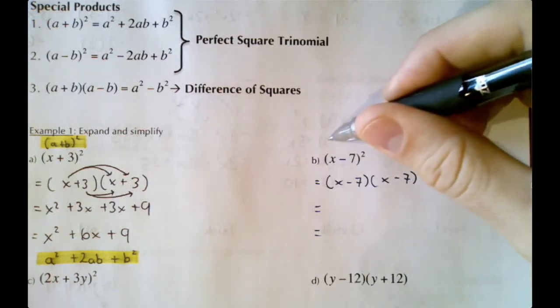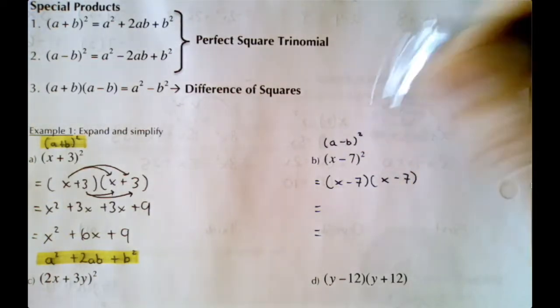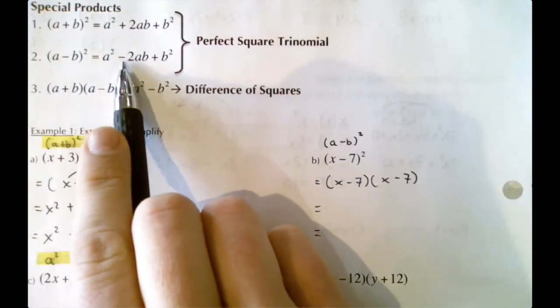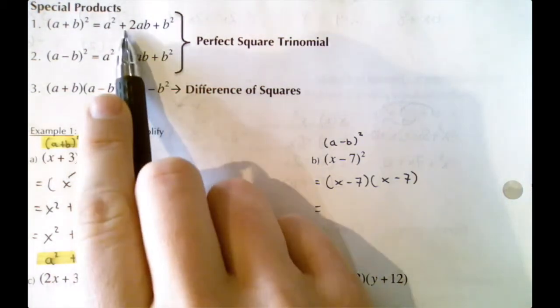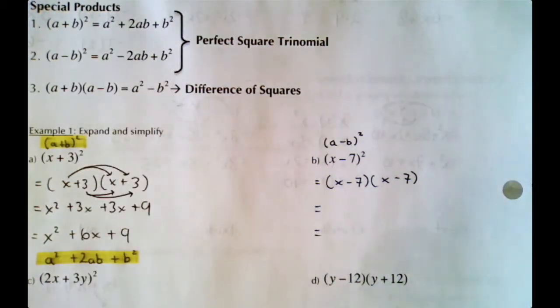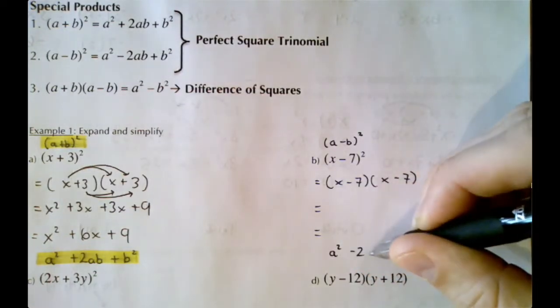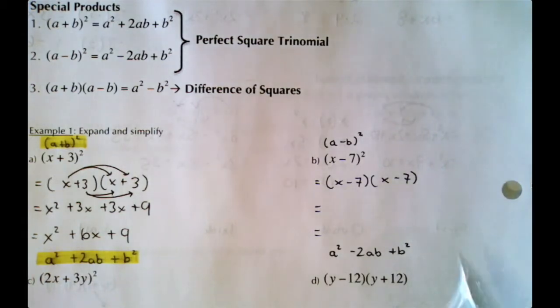Well, let's try it. This one is a minus b. And if we look, it says that a minus b, if we square it, should give us a squared minus 2ab plus b squared. Slight difference because the sign in the middle is negative. So that means we should end up with a squared minus 2ab plus b squared. So let's see if we can skip the FOIL and go right to the answer.